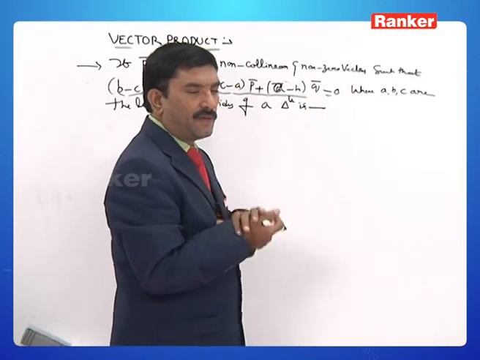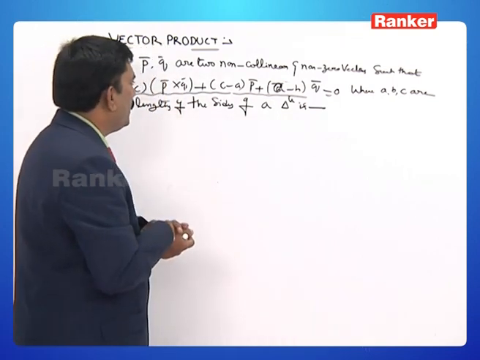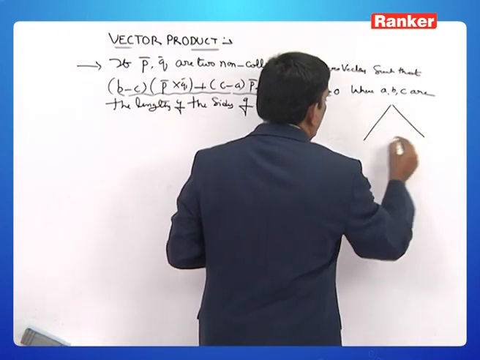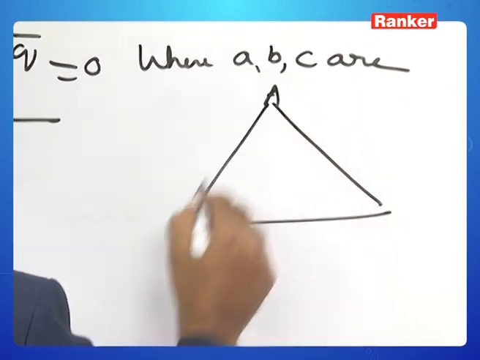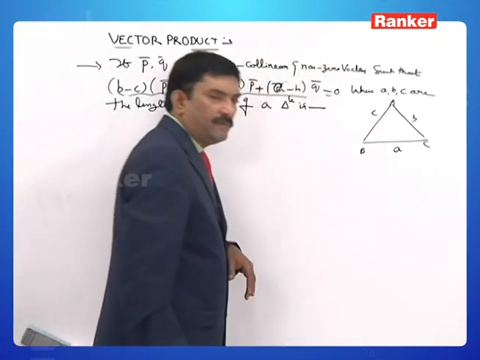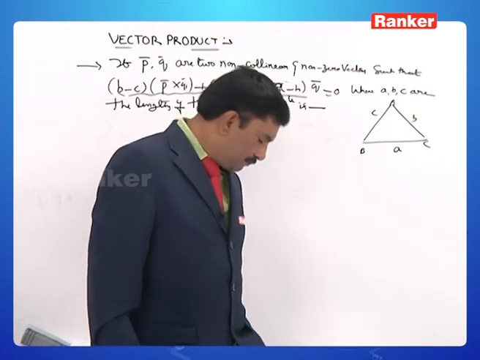He has given some linear combination where A, B, C are the lengths of the sides of a triangle. When lengths of the sides of a triangle are denoted with A, B, C, this is A, this is B, this is C.